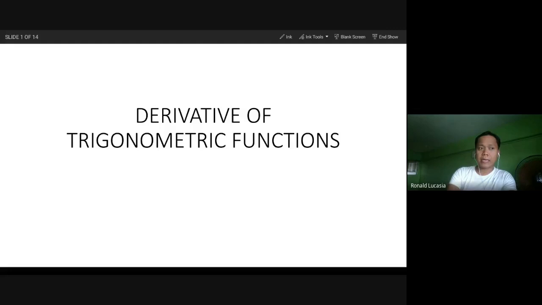Yesterday, the derivative of the trigonometric function. So the differentiation of the trigonometric function is the mathematical process of finding the derivative of a trigonometric function, or its rate of change with respect to the variable.